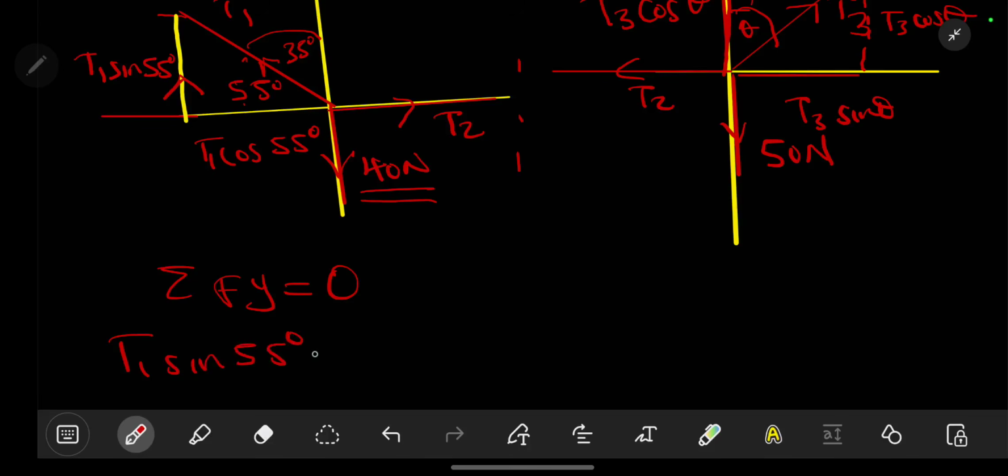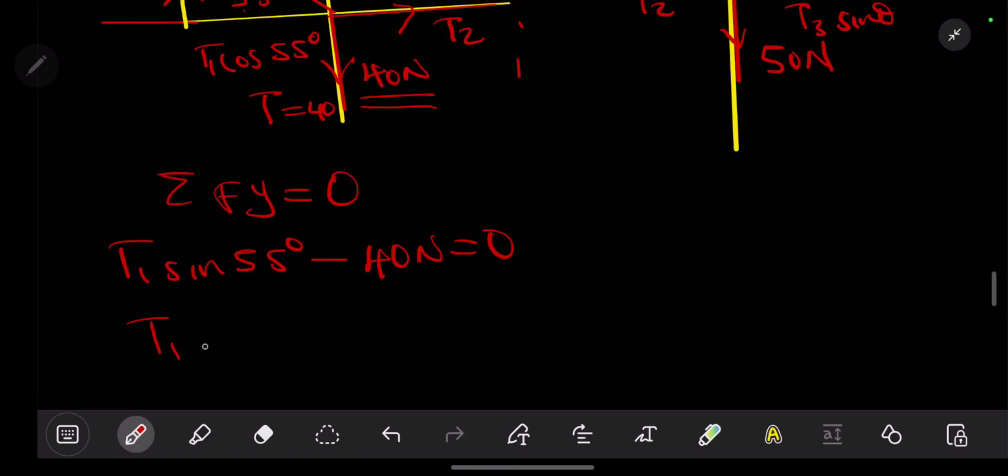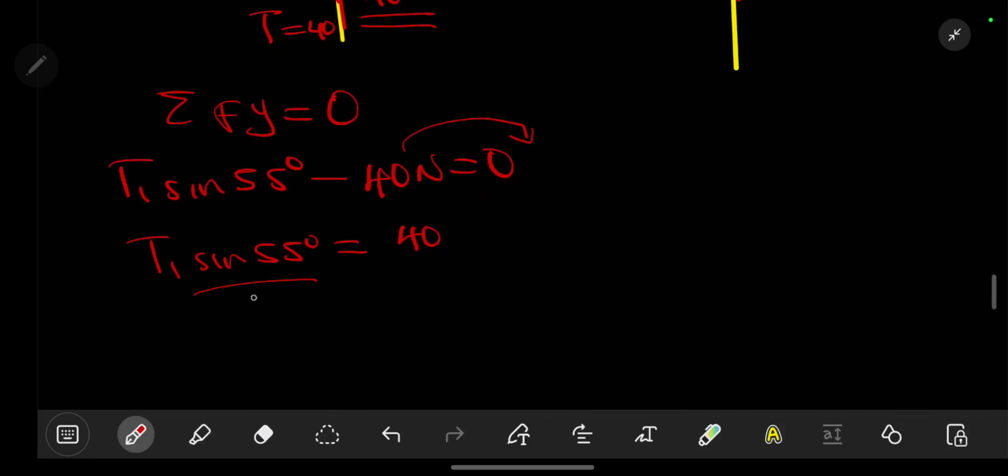The force that is downwards is minus, we have the 40 newtons down, which is the tension, equal to 40. So t1 sine of 55 degrees minus 40 newtons should be equal to 0. Then t1 sine of 55 degrees should be equal to 40.